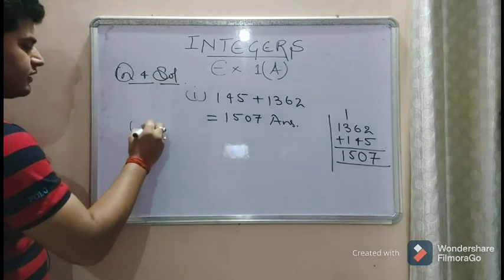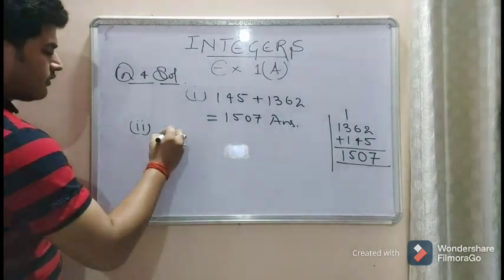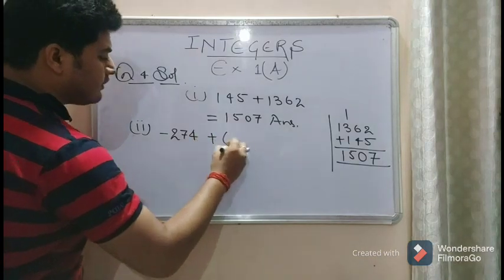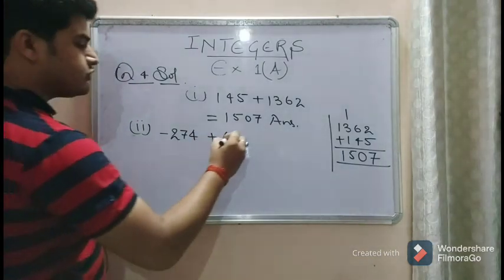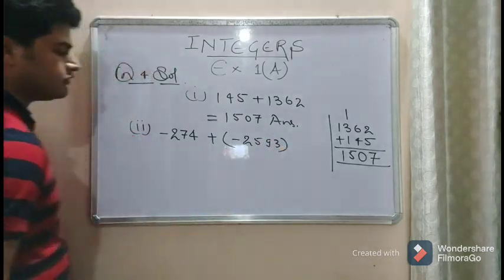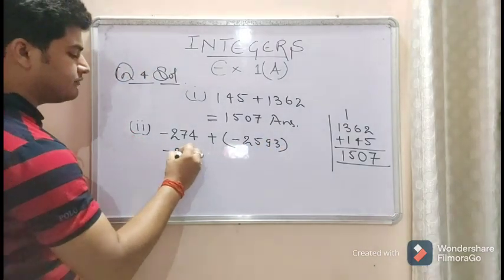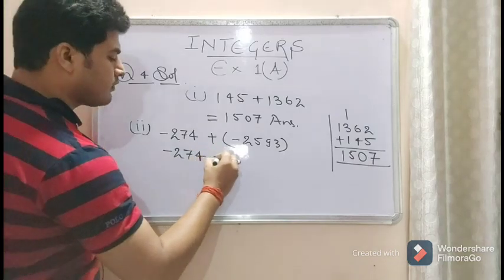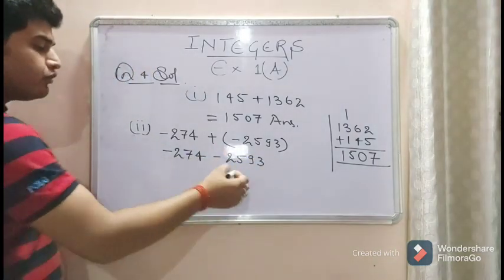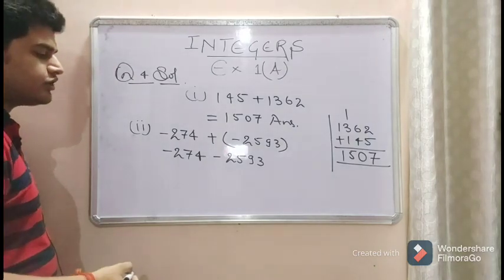Now if you take the second part, one number is negative, minus 274, and the other one is also negative, minus 2593. So again no problem, both have the same sign. When both are negative, we again do the work of addition.